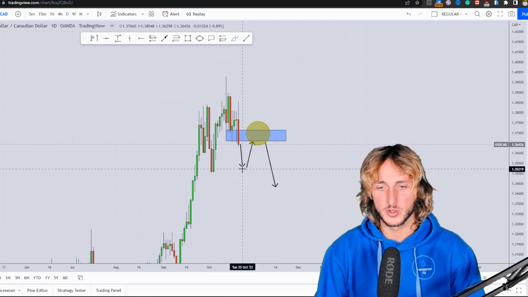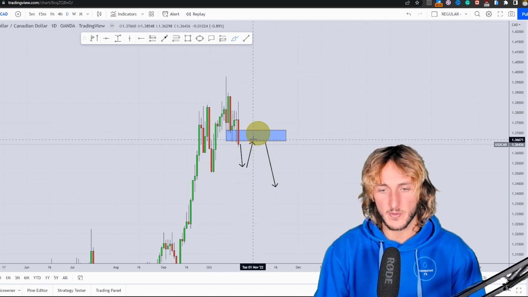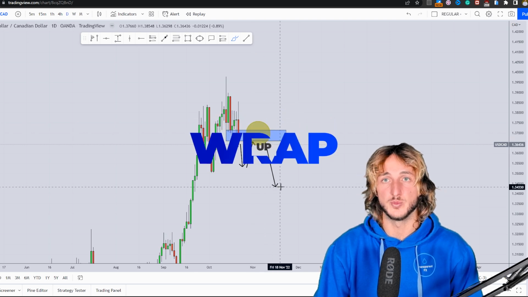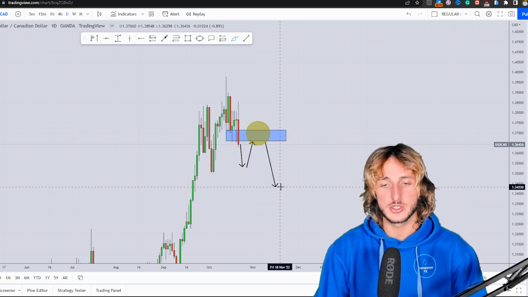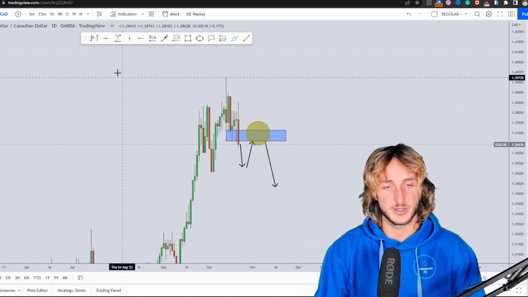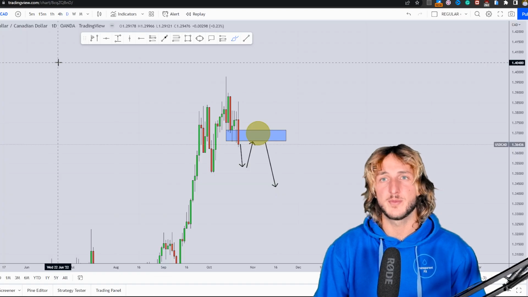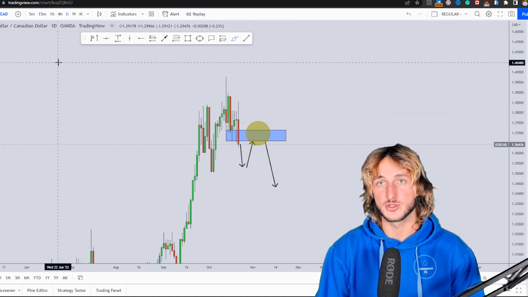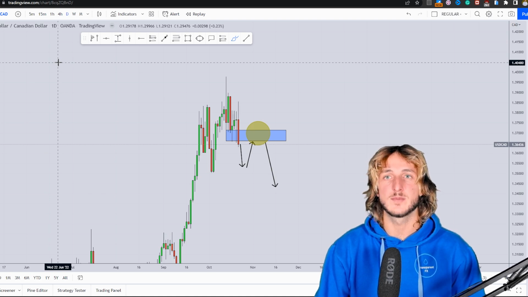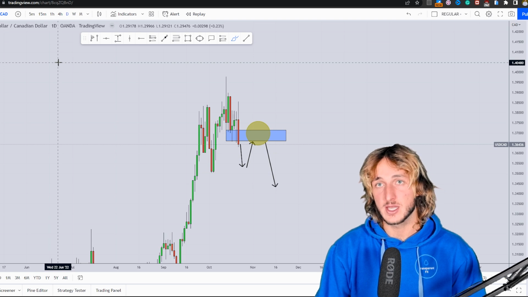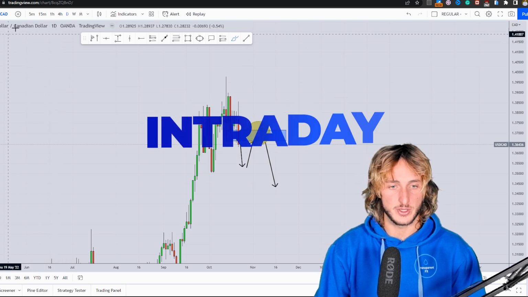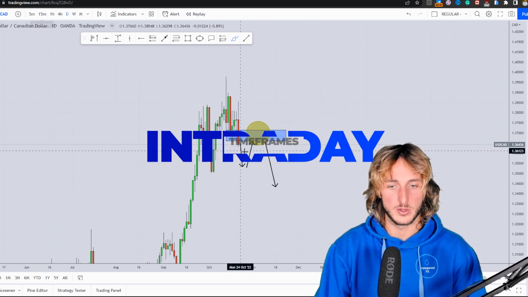So if the market will complete this impulse and correct to this area, how could we be approaching this potential move to the downside? Now, as usual, trading is reactive and not predictive. The monthly, weekly, and daily combined with the COT data, those are the best time frames from a directional perspective. However, when it comes to confirmations and entries, the best time frames are the intraday time frames, so 4 hour and lower.